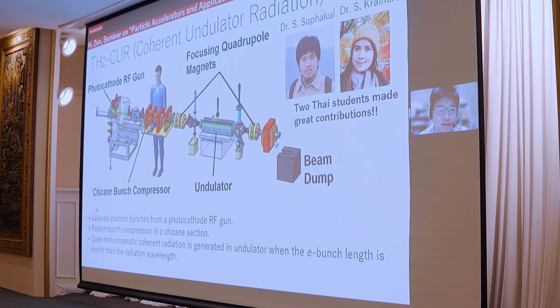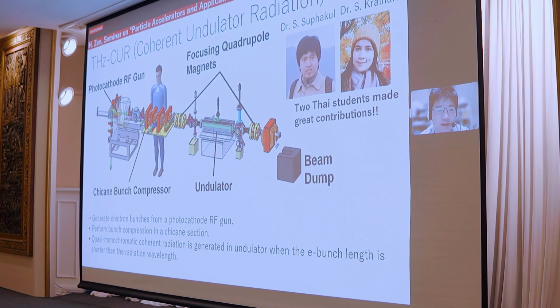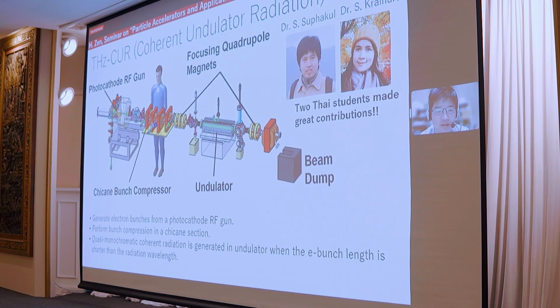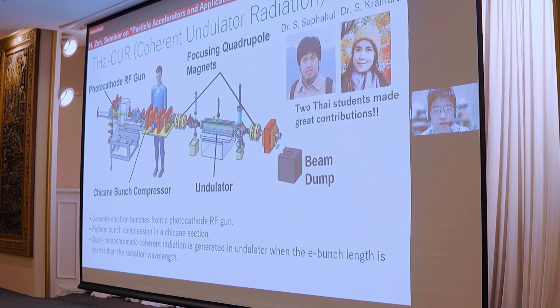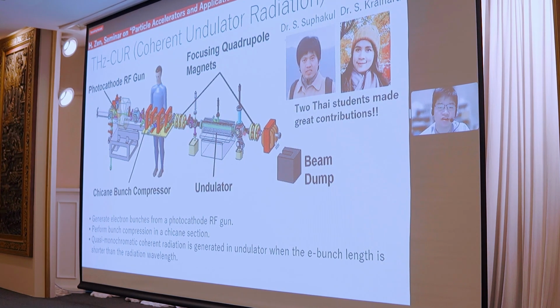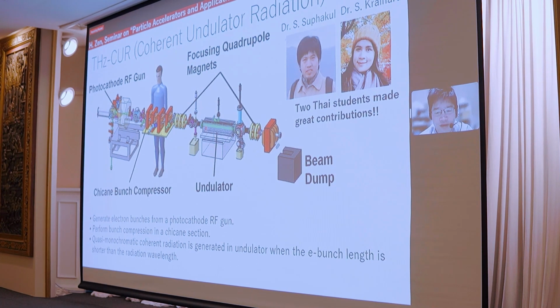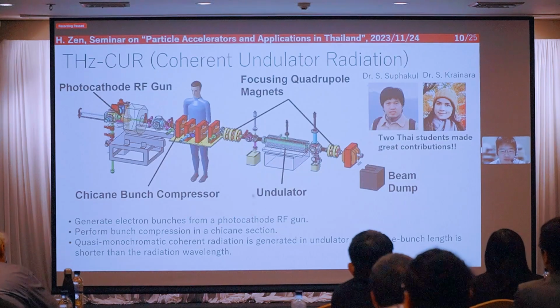The electron beam is generated from the photocathode RF gun and performs bunch compression in this scaling section, and the compressed electron bunch is sent to the undulator and generates coherent undulator radiation in the terahertz region. And when the electron bunch length is shorter than the radiation wavelength, we can get a strong radiation.